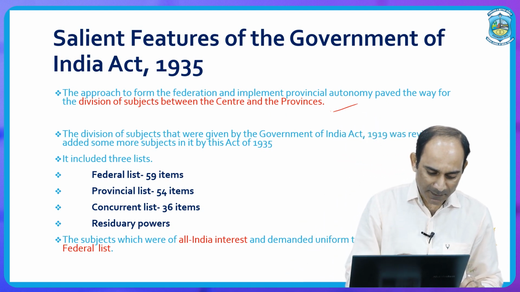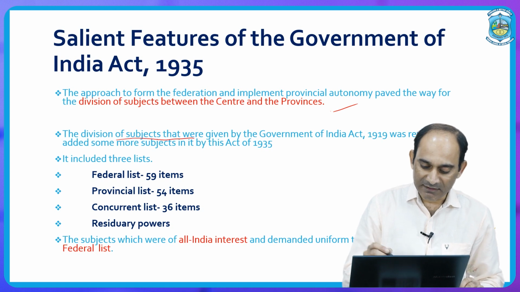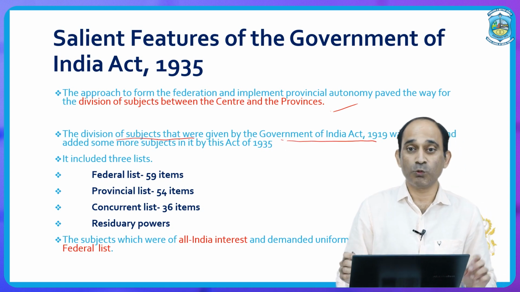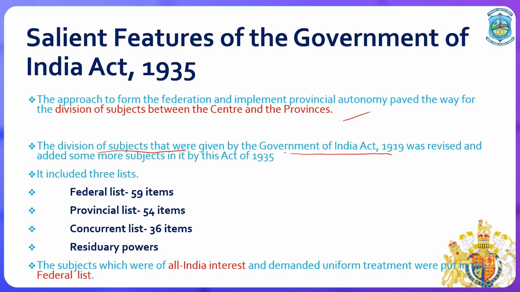The act says the division of subjects given in the Government of India Act 1919 was revised, and it added some more subjects by the Act of 1935. What does it mean?